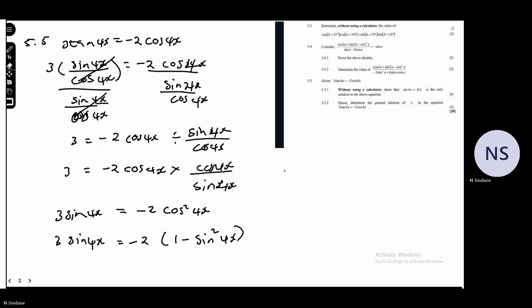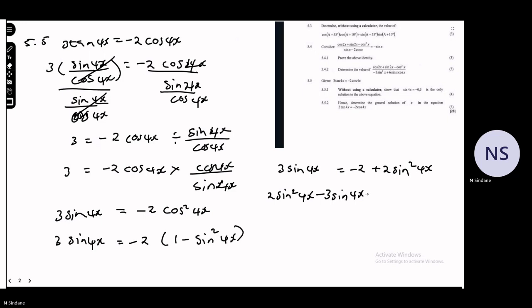Then this will be 3 sine of 4x equal to negative 2 plus 2 sine squared of 4x. Now, everything to the other side, you'll have 2 sine squared of 4x, minus 3 sine of 4x.